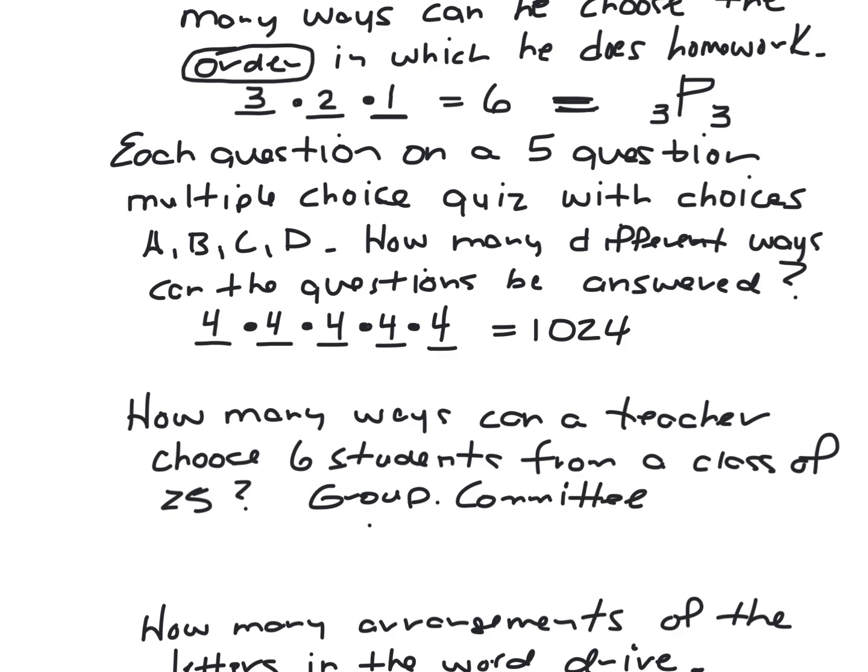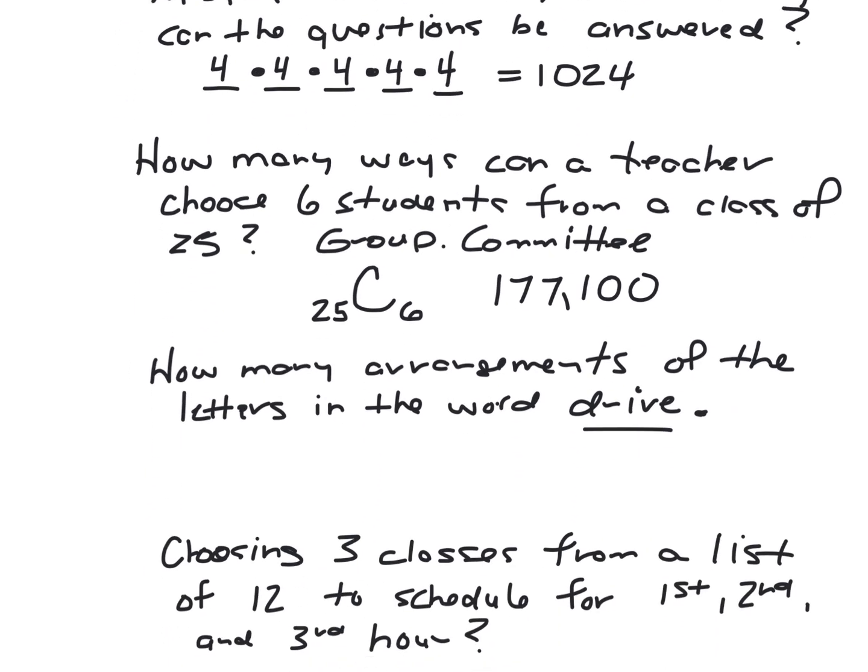So this is simply a combination problem, and it would be combination 25 choose 6. So again, using my calculator, I'm going to put a 25 in. I'm going to go to probability, PRB. I'm going to choose combination, put 6 in. 25 combination 6 is 177,100 different ways to pick a group of 6 from 25 students.